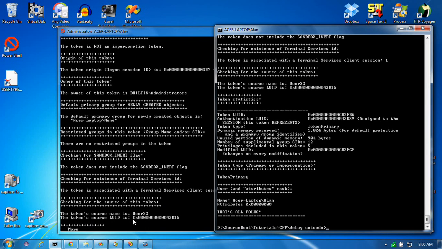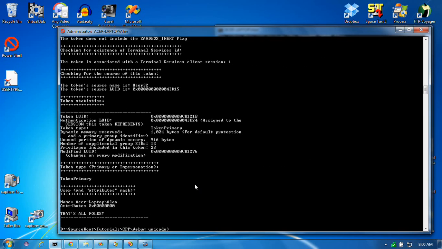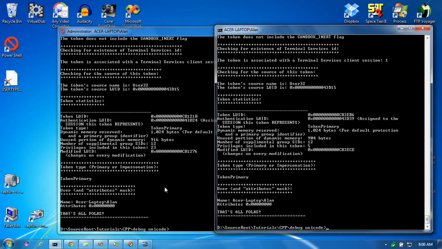Tokens, source, user third. This part's the same. No. Okay, everything else, yeah, I wouldn't expect these to be the same.